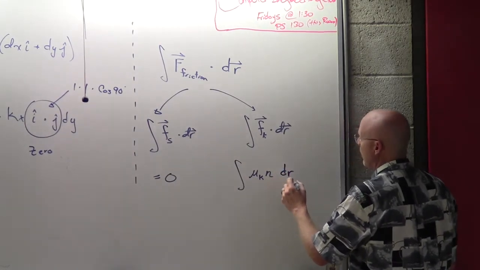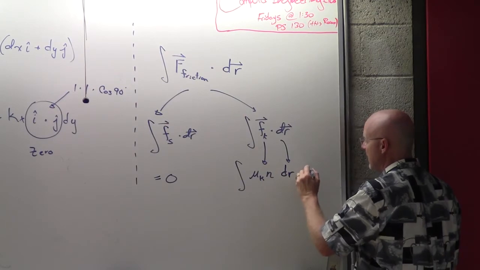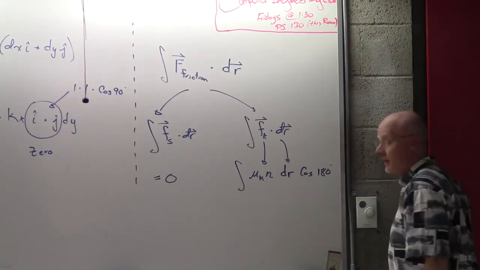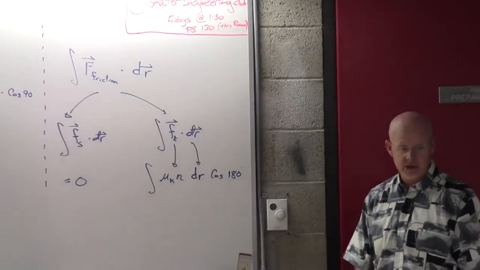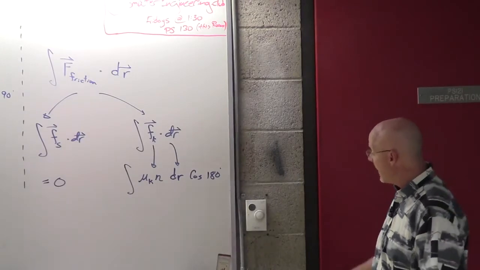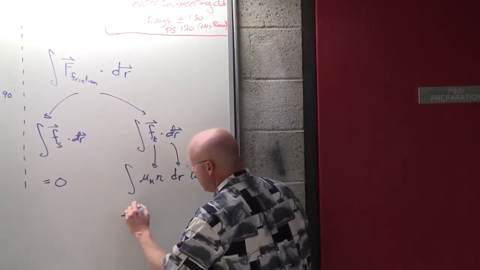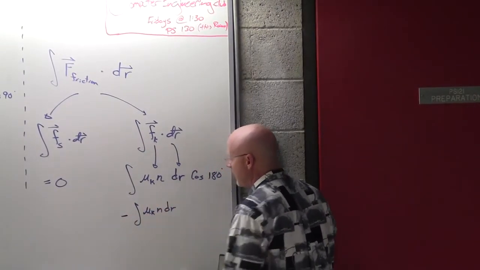So maybe I could write it as magnitude of the first vector times magnitude of the second times cosine of 180 degrees. And I would say we already really did this one earlier today. We just said force times distance, and we had that cosine of 180 degrees. So this comes out to be negative. And then I've got an integral of mu k n dr.